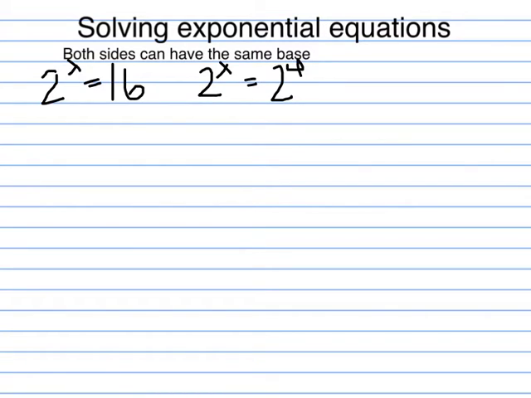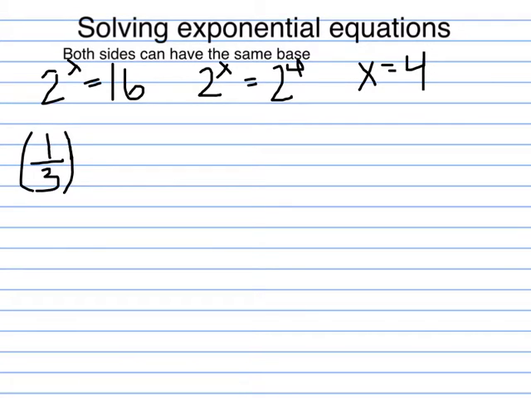Now if their bases are the same and they equal each other, then their powers must also be equal to each other. So then we get x equals 4. A little bit harder one is sometimes the bases aren't always easy to see right away if they can be written the same or not.